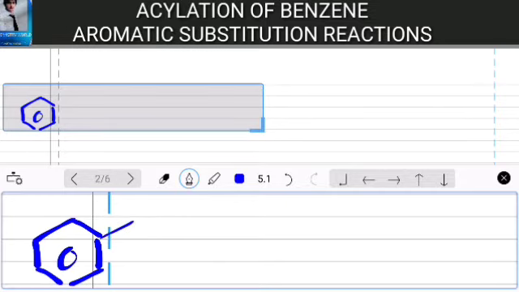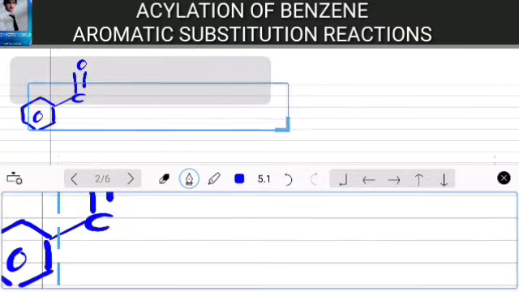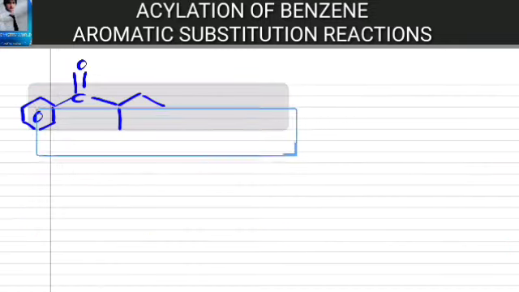Just like that, this carbon will form a bond because it is attacked by the aromatic ring in this way.